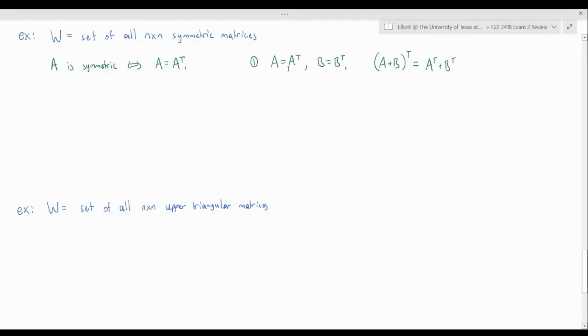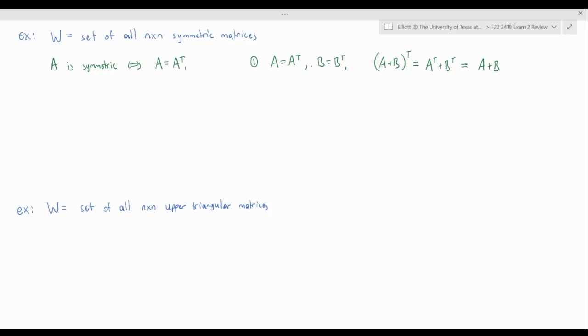And since A and B are assumed to be symmetric right now, A transpose is equal to A and B transpose is equal to B. So you can say that this is equal to A plus B, okay?